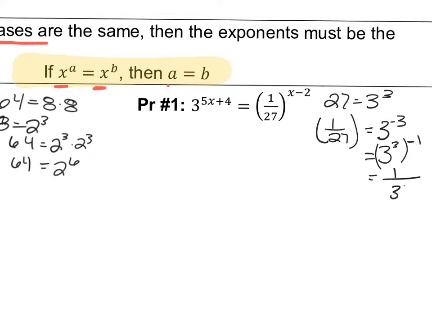So 1 over 3 to the third, and that's where we get our 27. So we can rewrite this equation, going back to blue, as 3 to the 5x plus 4 equals 3 to the negative 3 times x minus 2. Now I want you to pause the video and see if you can finish solving this one by yourself.